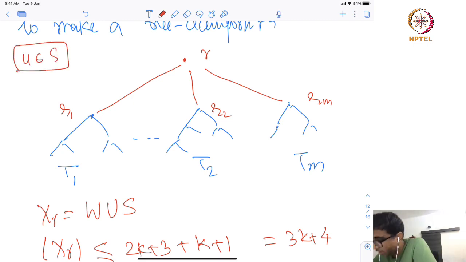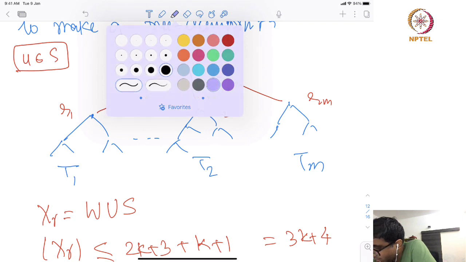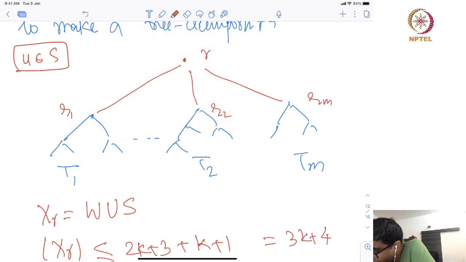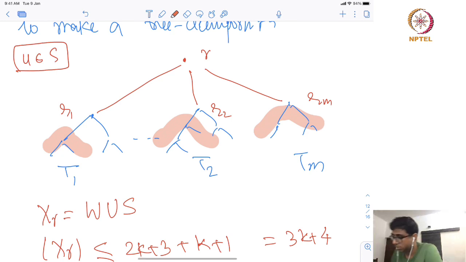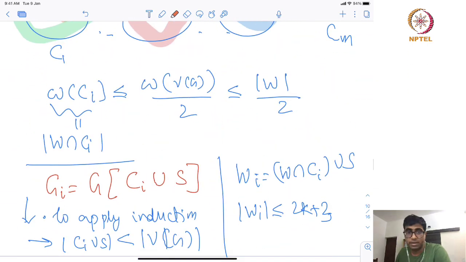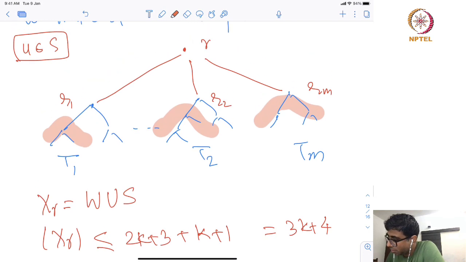Now u could appear in several places. Look at its connected pieces. Maybe it appears here in some connected piece, here, and maybe here. Notice this is a vertex of S. It means every vertex of S is part of W_i, and I know that W_i appears in the root, which implies that the tree must look like this.